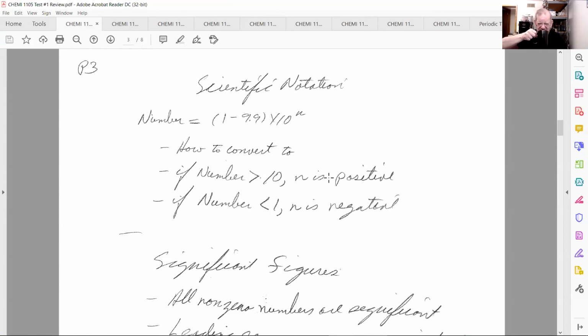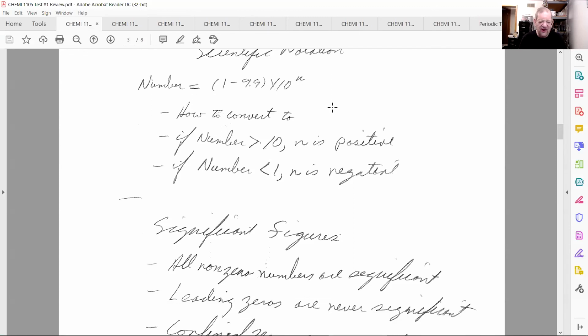But one thing I shall mention is, when you take the final exam and you're using scientific notation, make sure the number that's multiplied times 10 to the n is never less than 1 or 10 or greater, because it's going to be wrong, and I'll mark it wrong because that's not how you write a number in scientific notation.